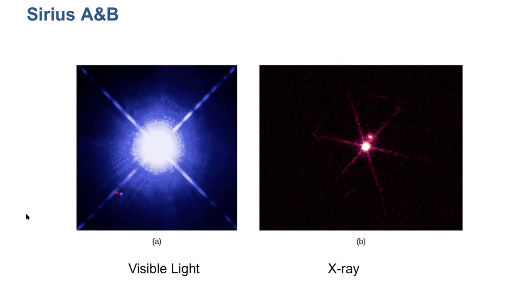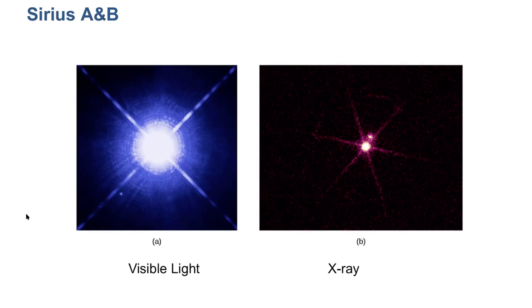If you look at the same thing in the X-rays, this is Sirius B and this is Sirius A. This object that was so faint in the visible is actually brighter in the X-ray than Sirius A, the brighter star in the visible. Remember, X-rays are really high energy photons, and so if you have a very, very hot object, it will be emitting more X-rays, more high energy photons, than low energy photons.